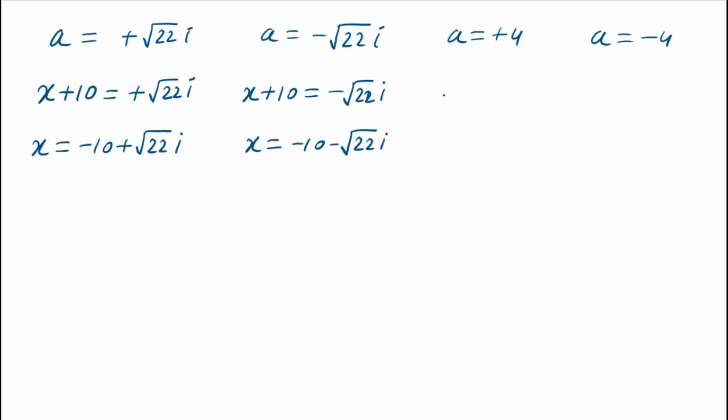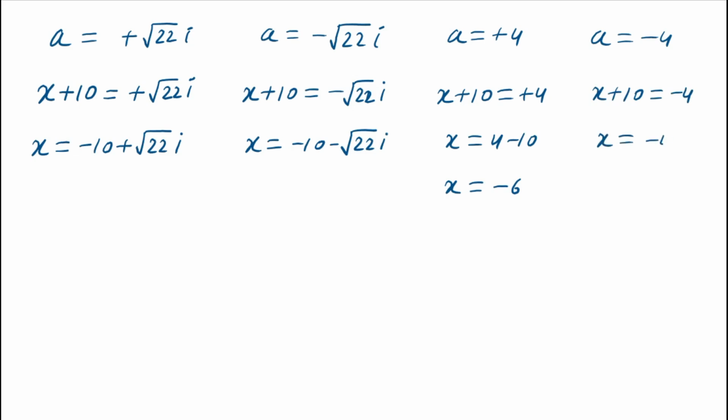Here a is also replaced by x plus 10, and this is equal to plus 4. Then x is equal to 4 minus 10, so x is equal to minus 6. Here a is replaced by x plus 10, equal to minus 4. Then x is equal to minus 4 minus 10, so the value of x is equal to minus 14.